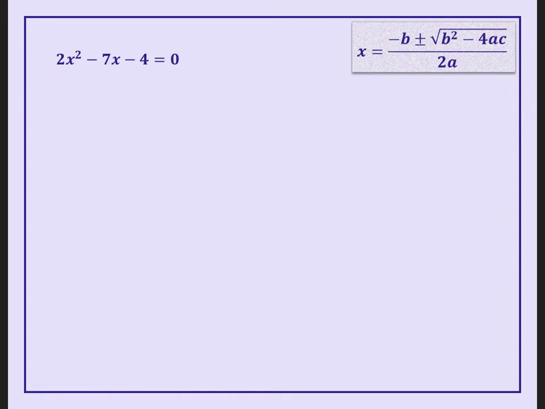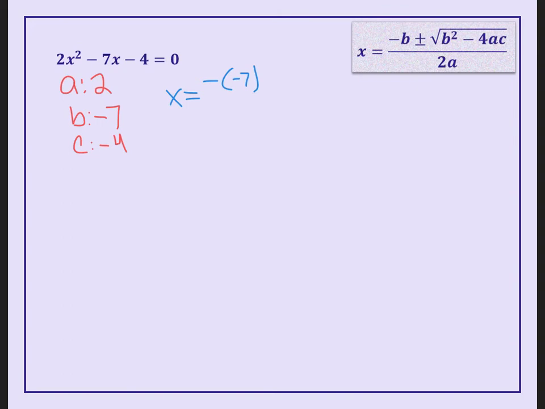Okay, our last question. Again, we make sure that the terms are in order. In this case, they are. So we're going to label our A as 2, our B as -7, and our C as -4. So again, we are following the quadratic formula and we're putting everything in its place. So we start off with x equals -b.